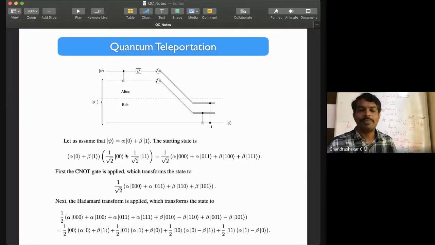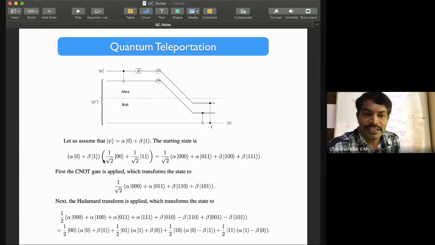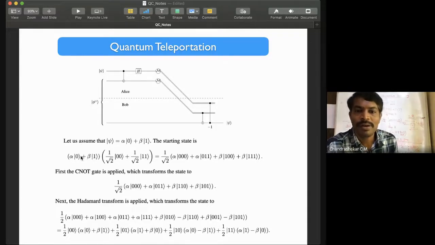In the state preparation, initially Alice and Bob can share an entangled state. Now they can decide whether they want to do super dense coding or quantum teleportation, or they can do many different things on it. But as an initial state, they both share an entangled qubit, and Alice now wants to teleport a quantum state from her side to Bob.